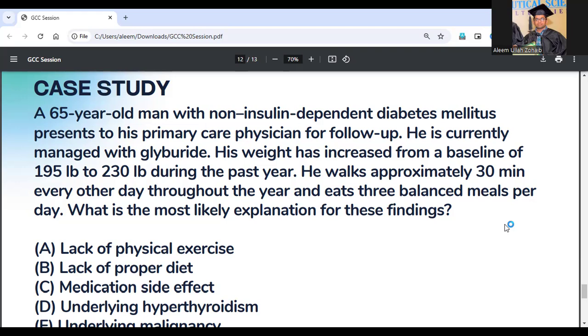The second option, lack of proper diet. Now see the question: he eats 3 balanced meals throughout the year. He is already eating balanced meals, which is contrary to option B, the lack of proper diet. Now think of the medication side effect.